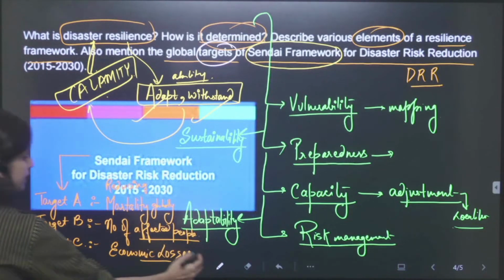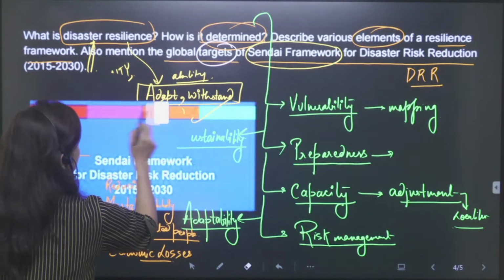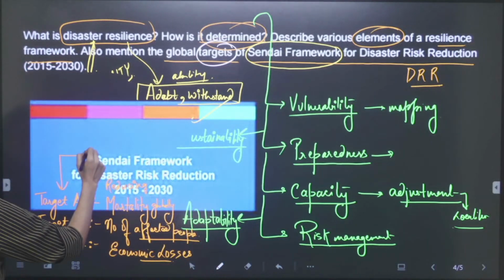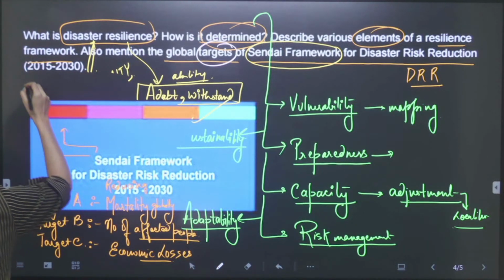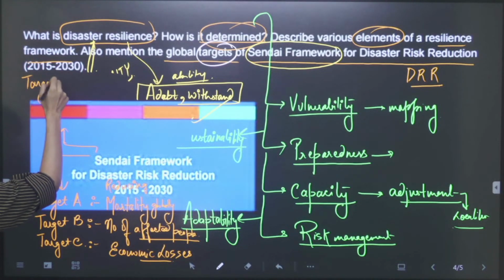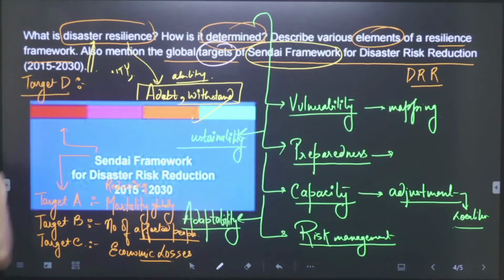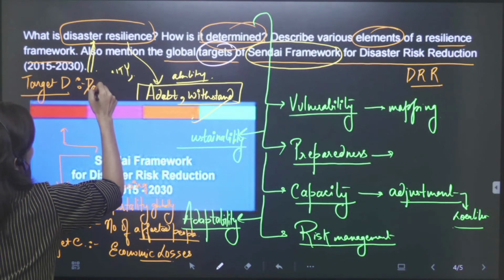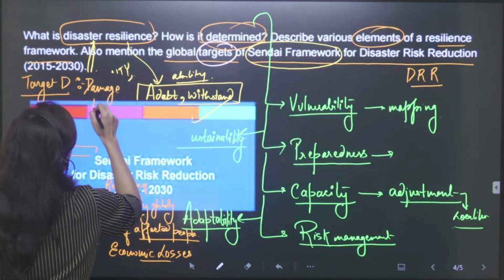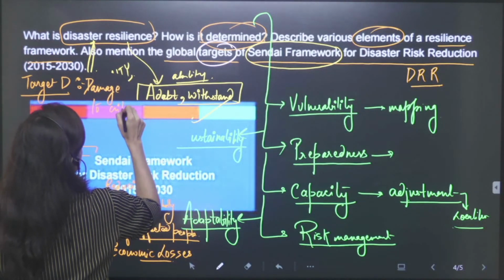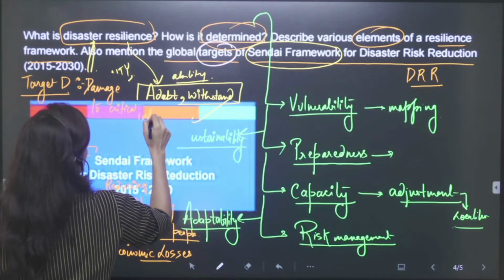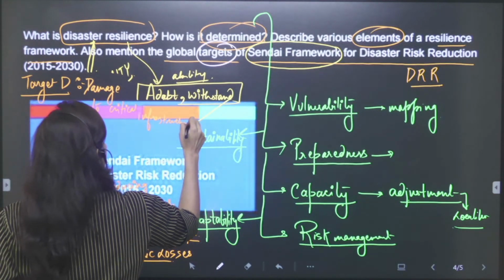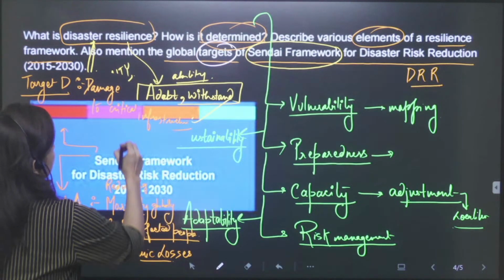Fine. Then we have target D. Target D says damage to critical infrastructure and basic services should be reduced.